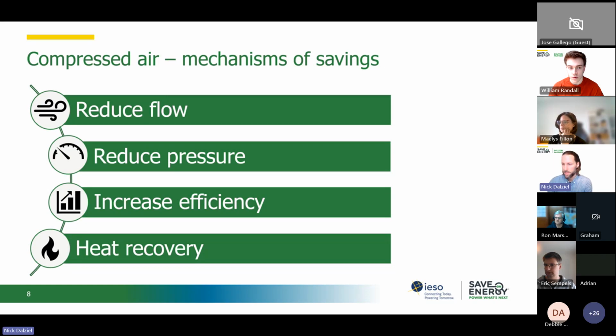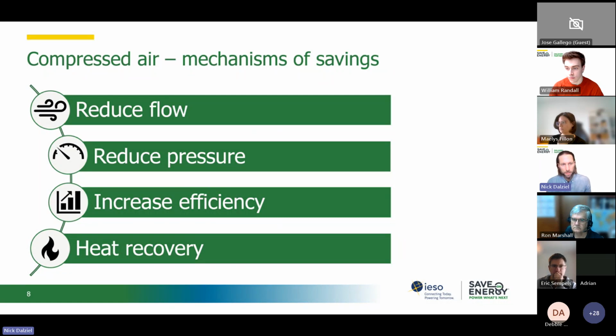Okay, mechanisms of savings. Understanding how your project is going to save energy really boils down to 3 or 4 things when we're talking about compressed air. All savings projects result from a reduction in airflow, a reduction of system pressure, an increase in the supply of compressed air efficiency, or the heat recovery from that equipment. I say 3 or 4 because, depending on how you draw the boundary of the system, you can look at heat recovery as part of improving the overall efficiency of the system.